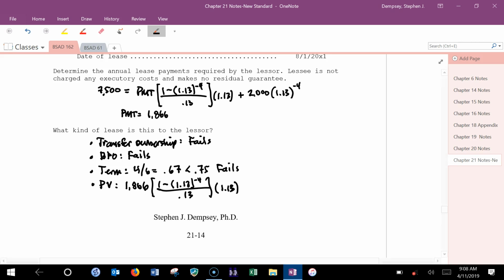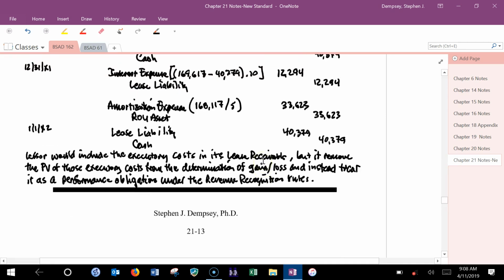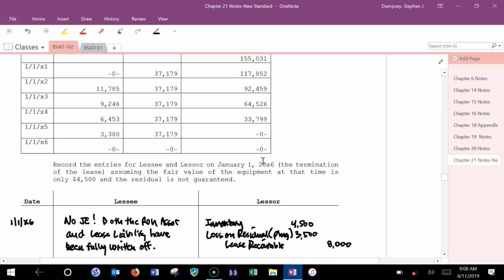Do we add the residual value? This is where you really have to have good memory. Let's go back to that present value test.